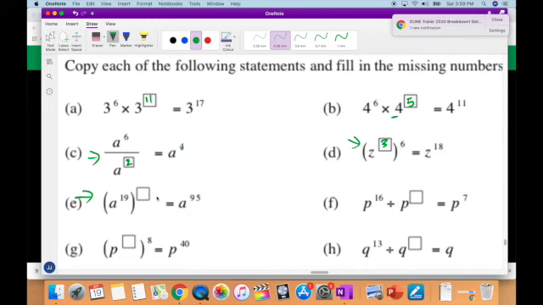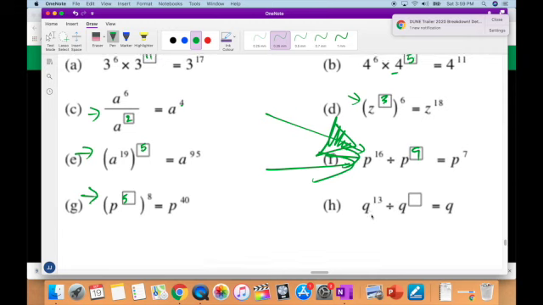There we go. 5. 9. Yes. 5. 5 times 8 is 40. Very good. This one. 12. Because 13 divides, so it's a minus 12.